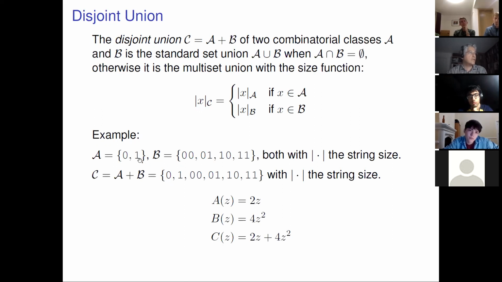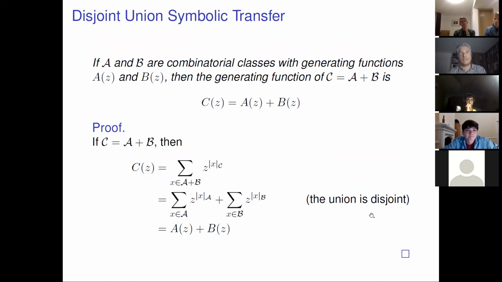As an example, you have this set, and you just do the union, and the generating functions of those sets are these, and the generating function of the union is the sum of the generating functions. That's a general theorem, and it is trivial to prove that in general the generating function of the disjoint union is the sum of the generating functions.